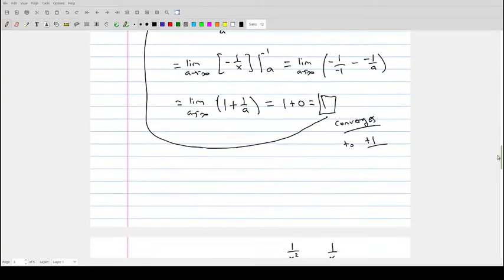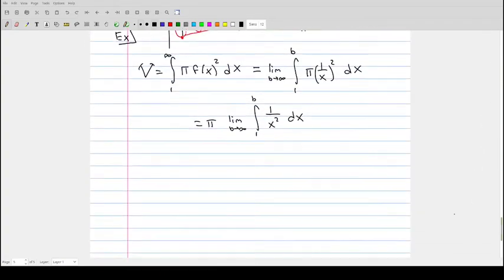But if you go through and do this, and I'll do this quickly here, this is also going to be equal to 1. So this will be pi times the limit as b goes to infinity of the antiderivative of this function, which is negative 1 over x, from b to 1.